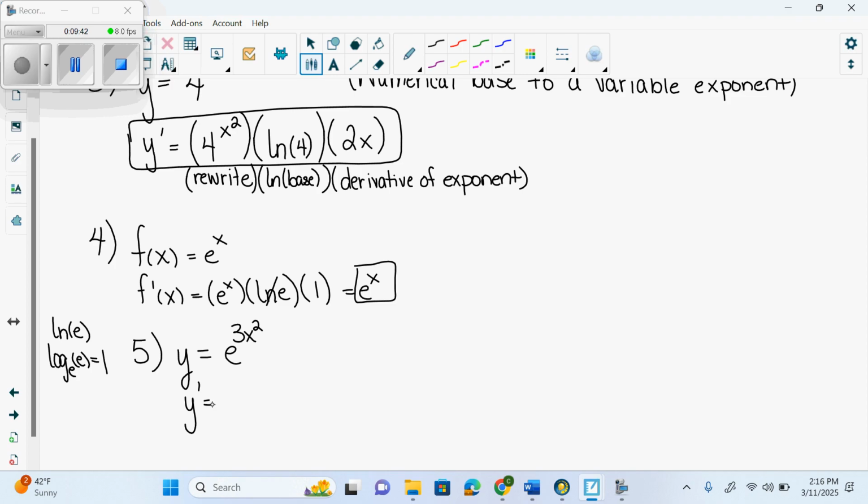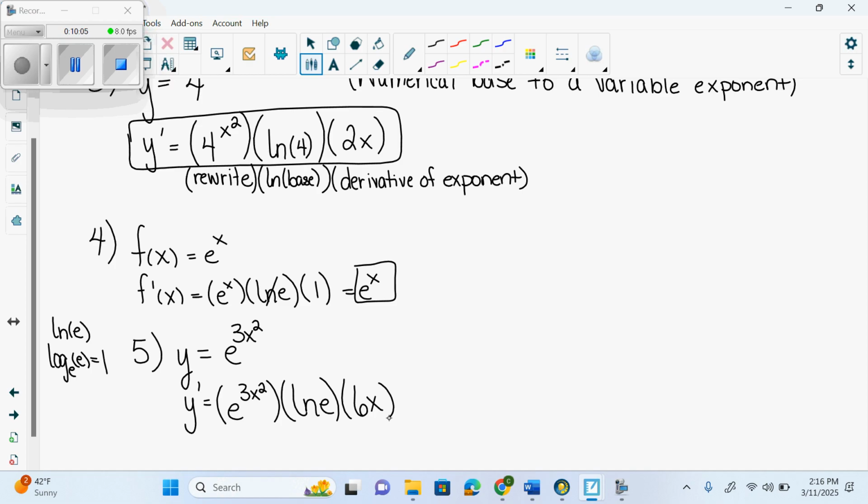Numerical base to variable exponent. What is our first step? Rewrite it. What's our second step? Ln of the base. What's the base? E. And then what follows behind it? 6x, the derivative of the exponent.